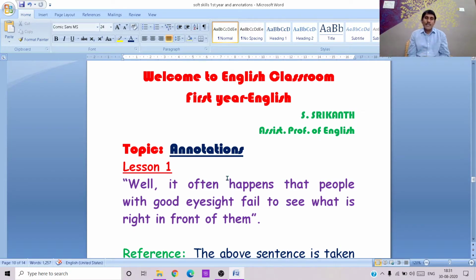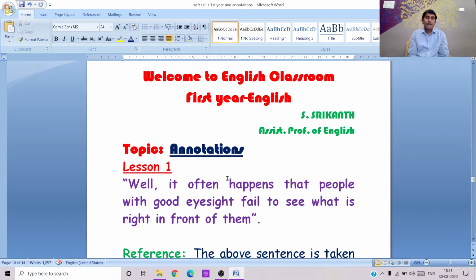So we have four lessons in this semester. First one is The Eyes Are Not Here, which is a short story written by Ruskin Bond. Second one is Work Brings Solace, written by APJ Abdul Kalam, our former president of India.